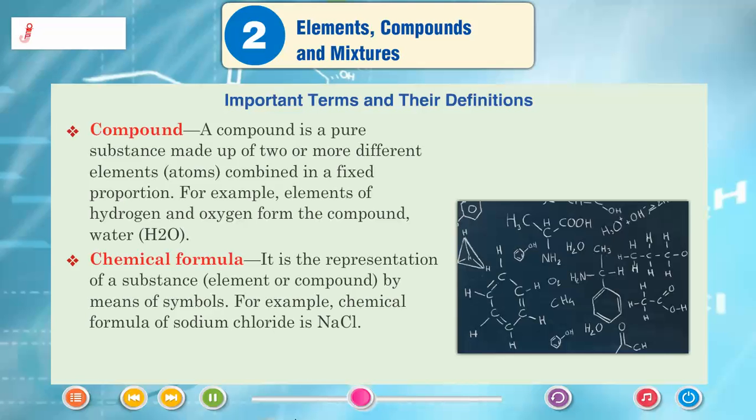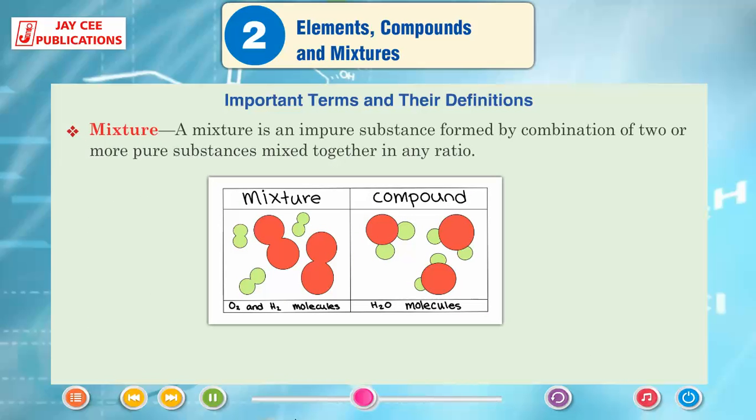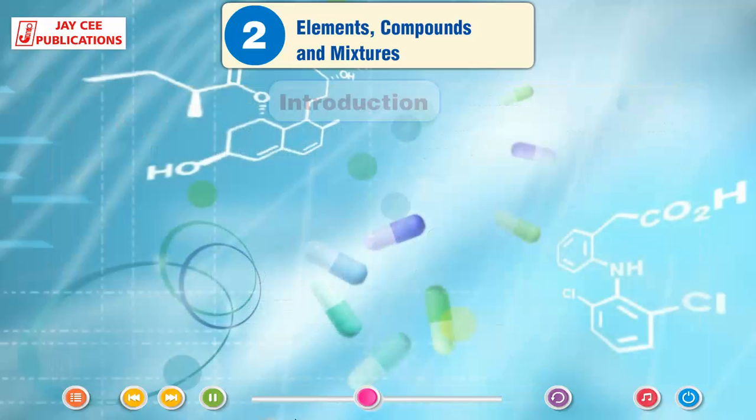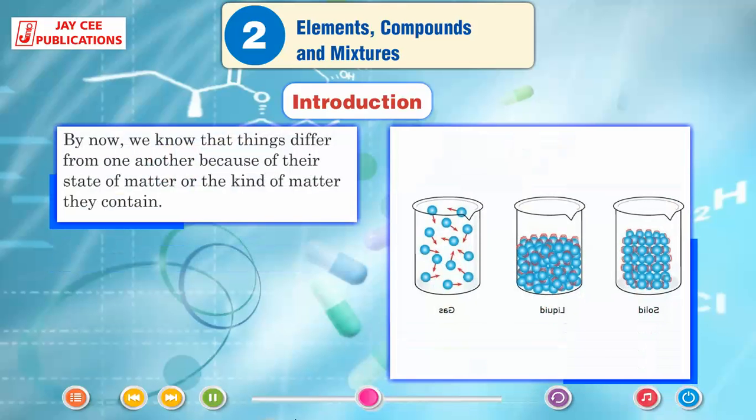For example, the chemical formula of sodium chloride is NaCl. Mixture. A mixture is an impure substance formed by combination of two or more pure substances mixed together in any ratio.